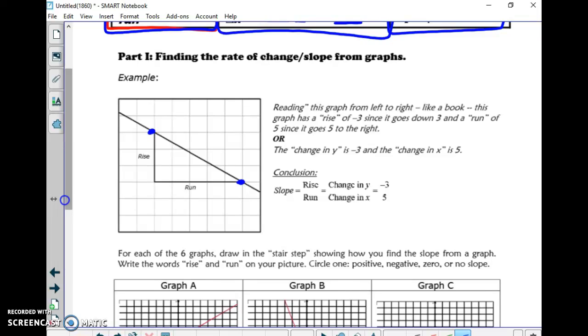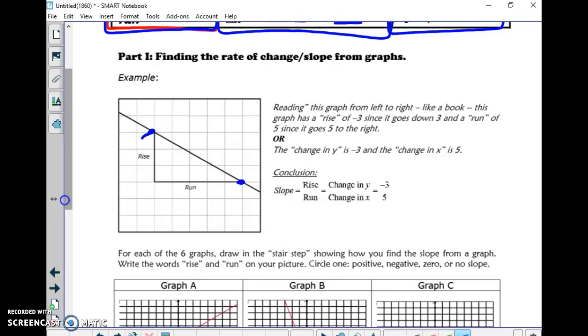Let me ask you a question. When you read in English, you go from what to what? Left to right. If you were reading Hebrew or something else, it'd be right to left. Since we go left to right, I want you to start at the point on the left. From the left, I want to rise.